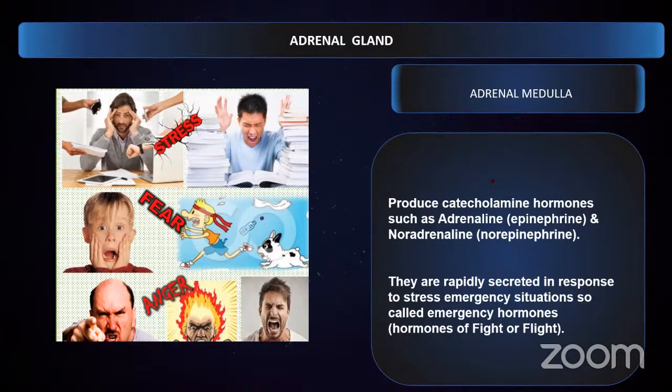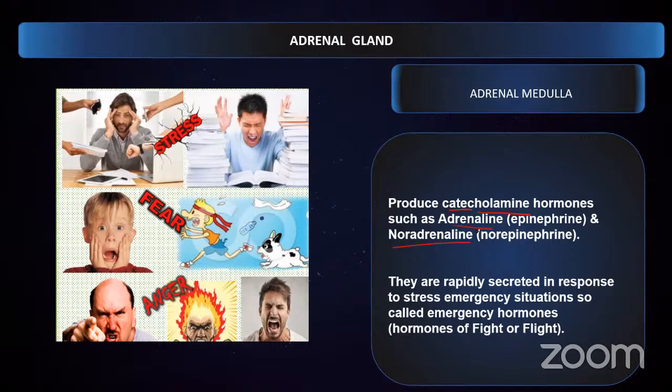The adrenal medulla produces a class of hormones called catecholamines, such as adrenaline and noradrenaline. Adrenaline is also called epinephrine. Noradrenaline is also called norepinephrine. When these hormones are secreted, it creates a tremendous boost in emergency situations.